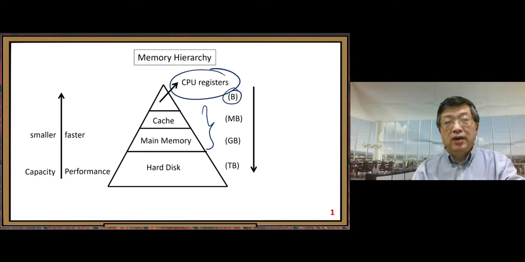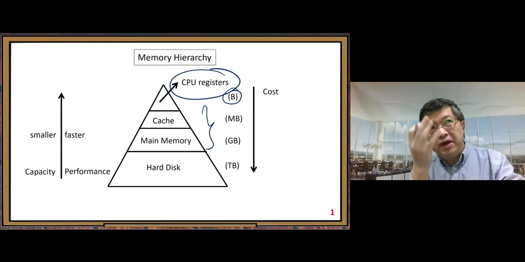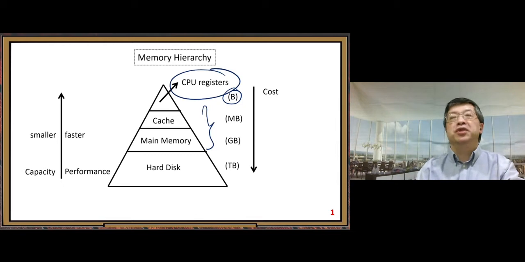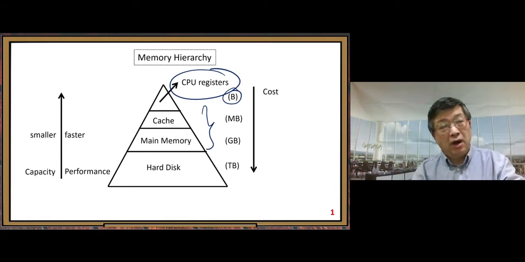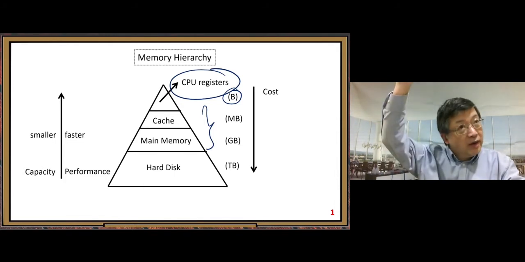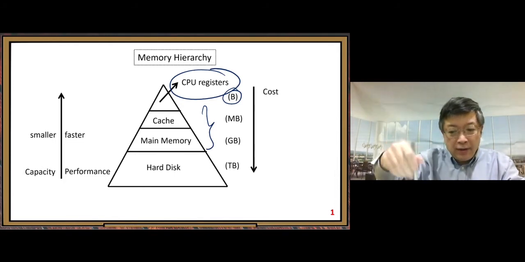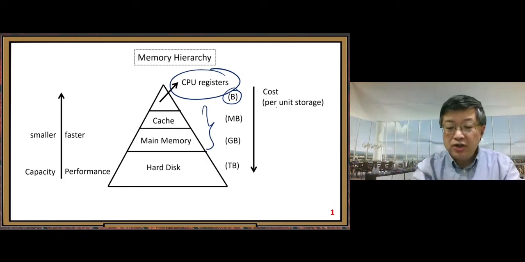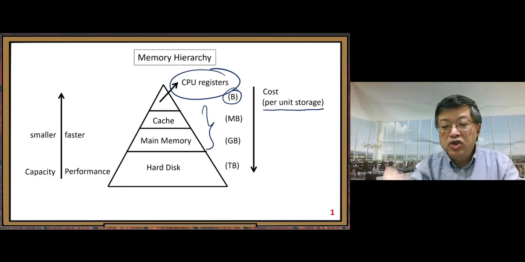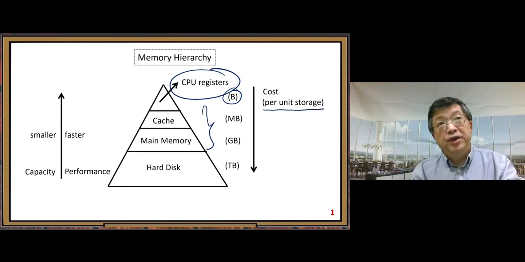Then another factor we also want to look at is the cost, because cost is a big factor in computer system design. We have to look at the cost. For a commercial product, the cost is extremely important. Along the arrow going down, the cost is reduced. More precisely, the cost means cost per unit storage.